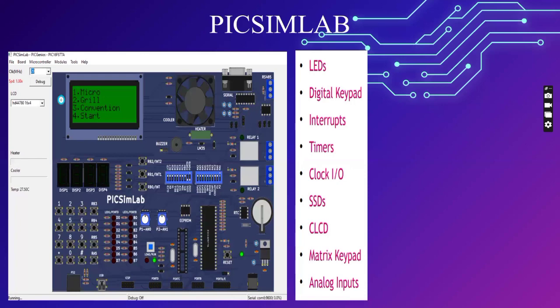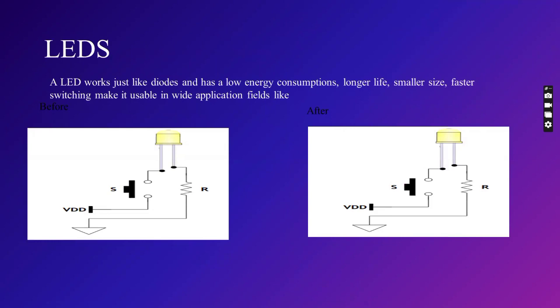The LED, the digital keypad, the interrupts, the timers, the clock, SSDs, CLCD, matrix keypad, and analog inputs are the peripherals found on the PIC SimLab. So we will talk a little bit about the LEDs. An LED works just like a diode and has low energy consumption, long life, smaller size, and faster switching, which make it usable in wide application fields, as you are seeing.